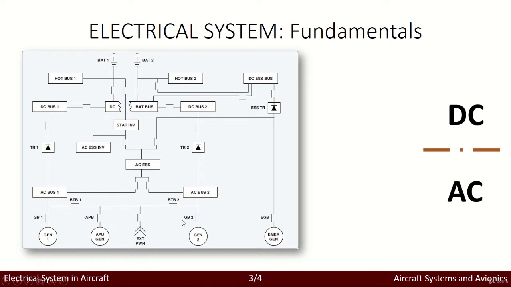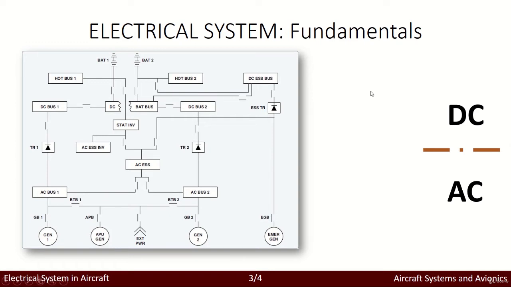It is this generator that will produce the electricity using the mechanical energy supplied by one of the engines. So each of the generators, generator number 1 and 2, is based on the mechanical energy that we obtain from the turbines, from the aircraft engines.